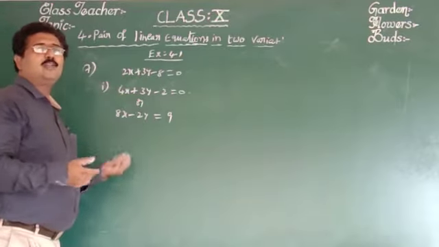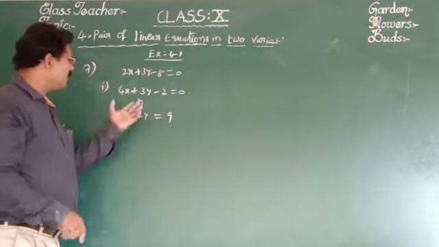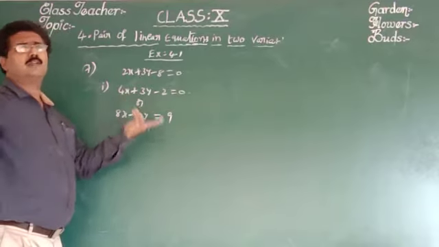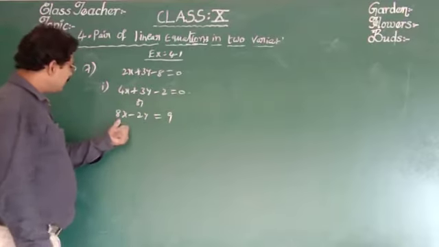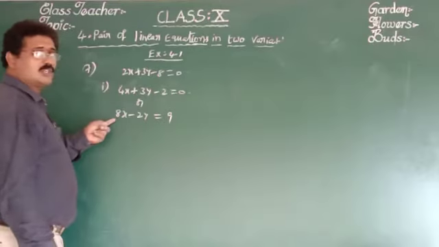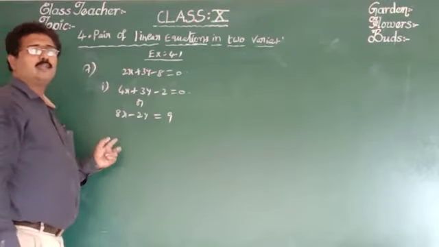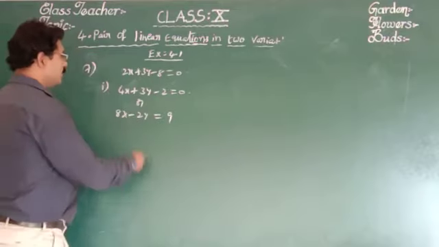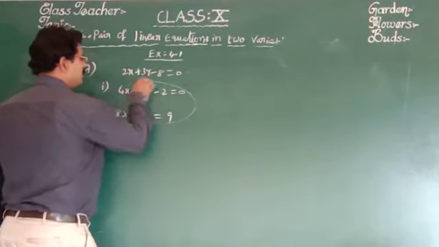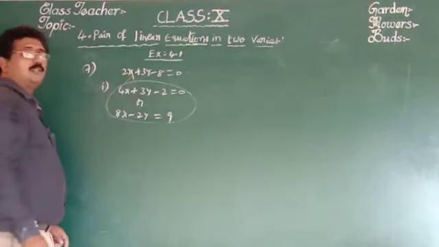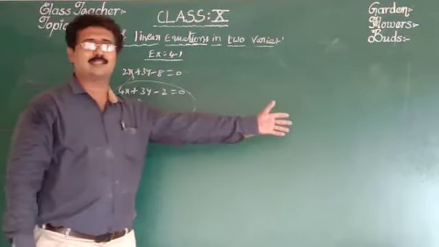So a1 by a2 is not equal to b1 by b2. Not only this equation, we can write an infinite number of equations. Or otherwise you take 2 by 8, 1 by 4, and 3 by minus 2, minus 3 by 2. So a1 by a2 is not equal to b1 by b2. So these two equations with respect to this equation are intersecting lines.